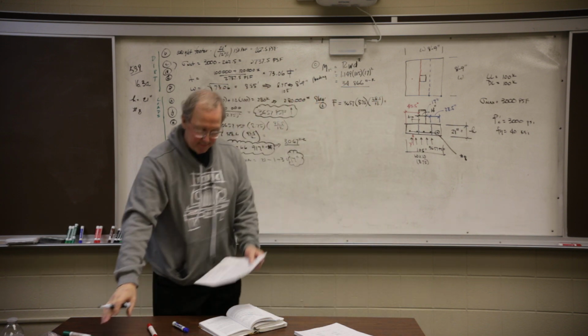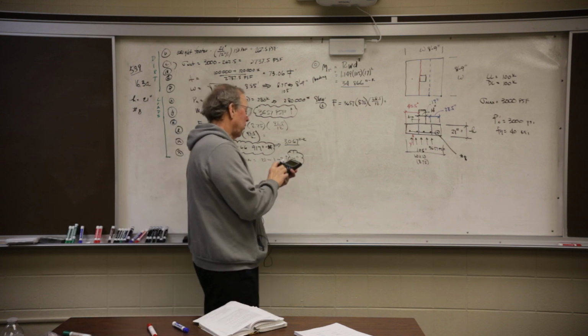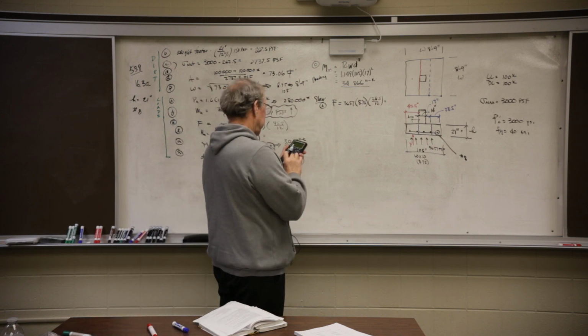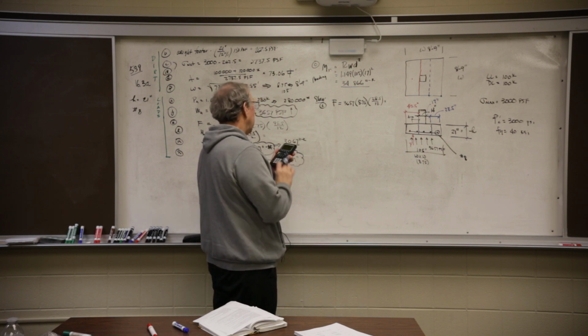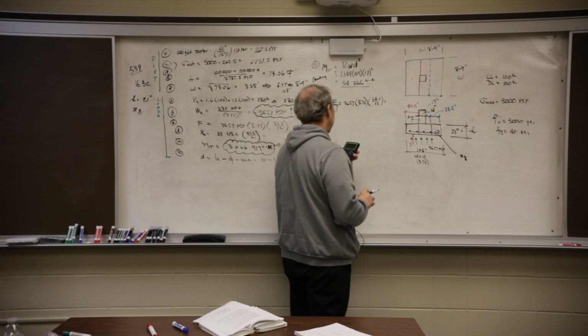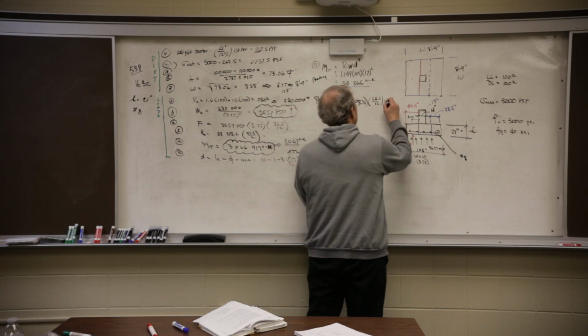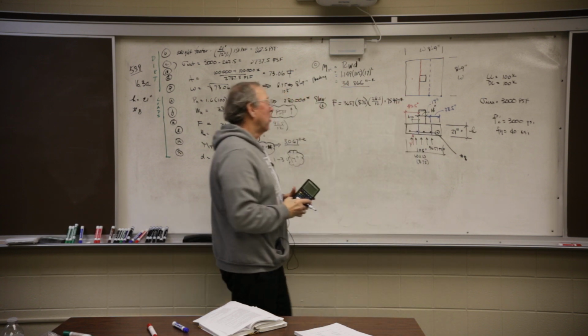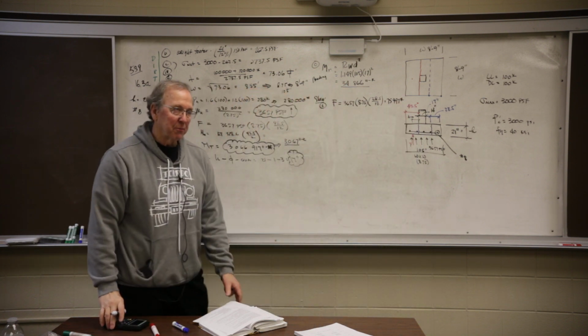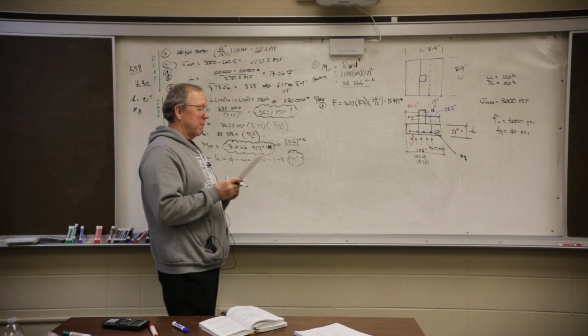Do the math. There's our force. So 3657 times 8.75 times 28.5 divided by 12. I've got 75,997 pounds. So there's the force along that failure plane that's pushing up, trying to disrupt it.